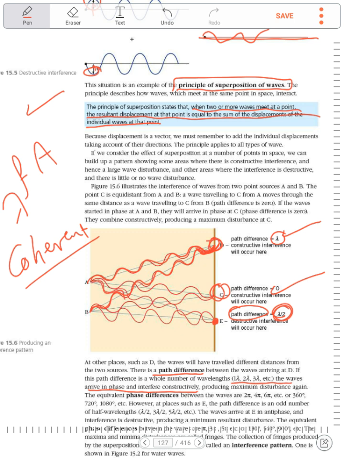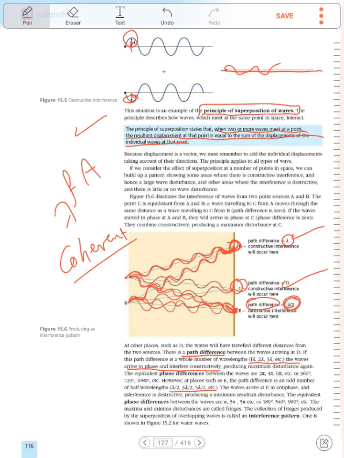Here you can see there is a crest from wave 1 with a trough from wave 2, so we have destructive interference. So if the difference is lambda over 2, 3 lambda over 2, 5 lambda over 2, etc., the interference is a destructive interference.